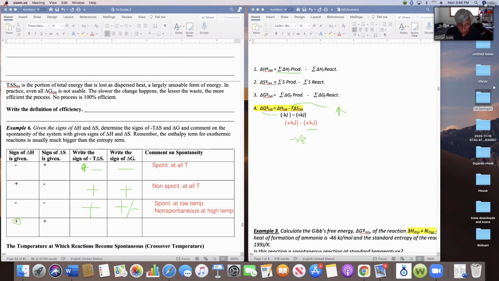Write the sign: negative T delta S is negative here, positive multiplied by negative is negative. And this sign can be either positive or negative. Then spontaneous at high temperature, non-spontaneous at low temperature.